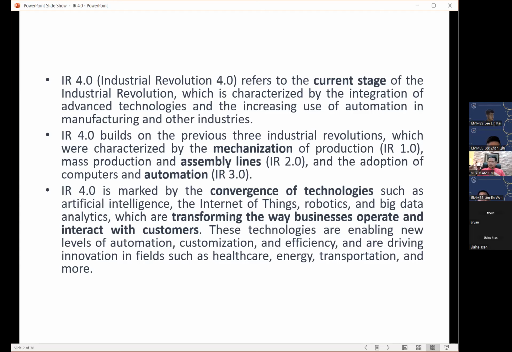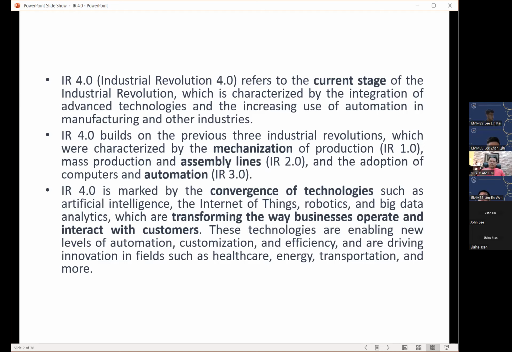The technologies adopted as elements of IR 4.0 are AI, artificial intelligence, IoT, Internet of Things, robotics, and big data, which transform the way we do business now. So now in your era or your age, basically you have been exposed to this kind of technology at an early stage.